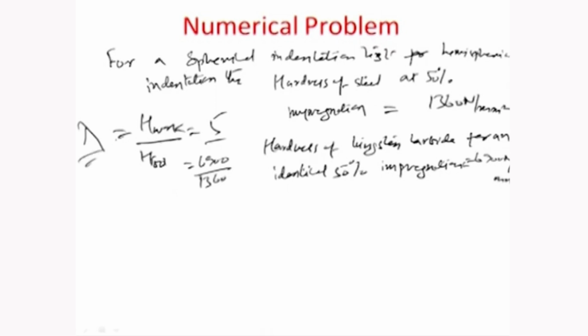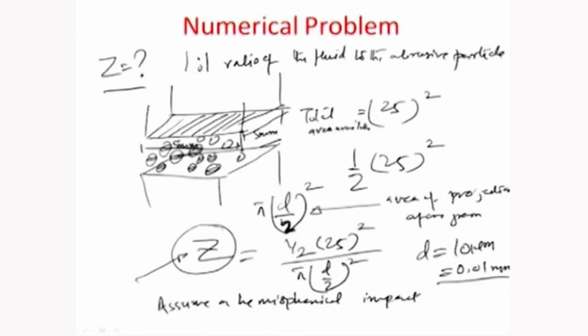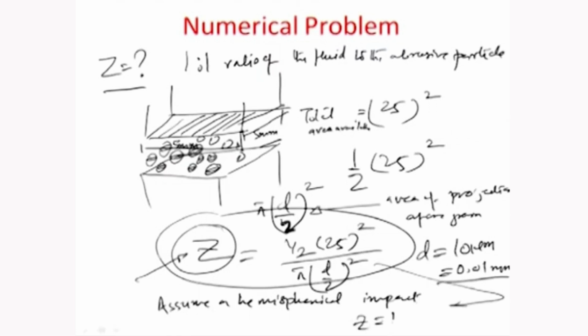We also have kind of a ballpark figure for the Z value here, okay, and the Z value, if you consider the value of the diameter as 0.01, is actually coming out to be about 159,235.